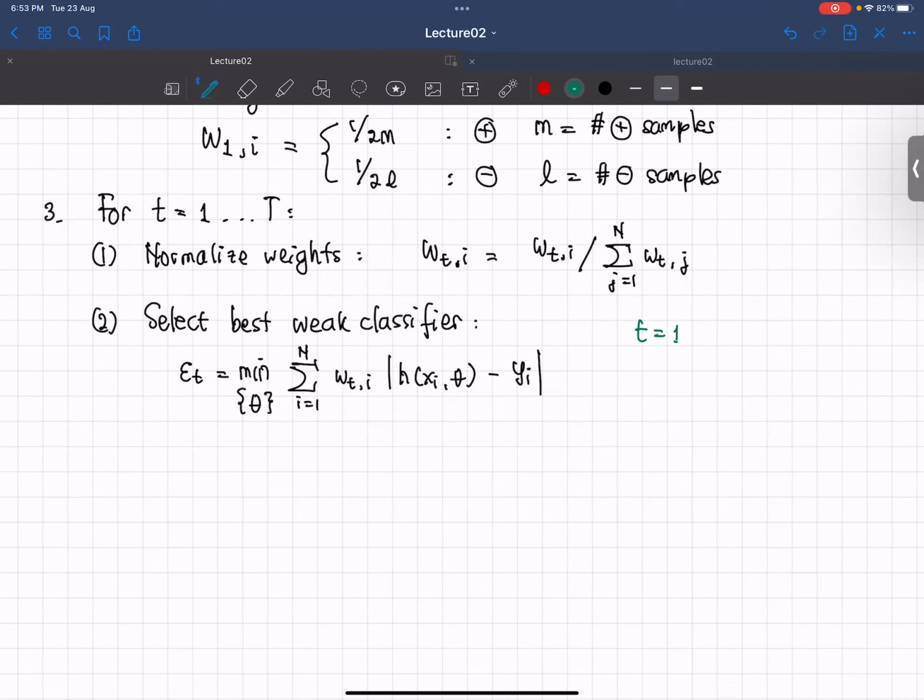And t equals 1 implies feature number 1. So you have long vectors, F1, F2, F3, until F160K. F1 is the first number in your vector. Okay, so t1 implies F1.